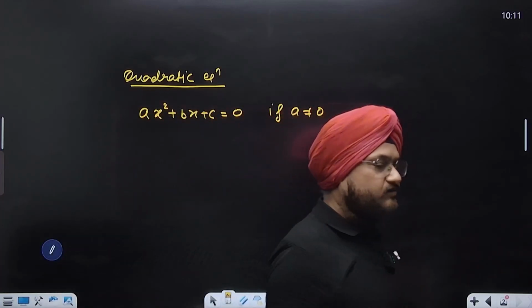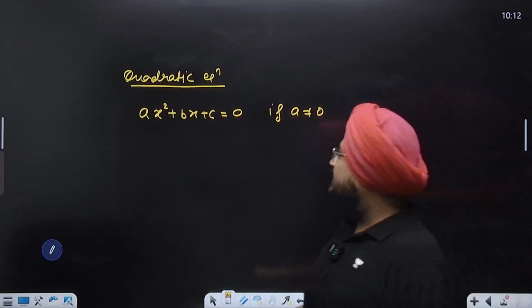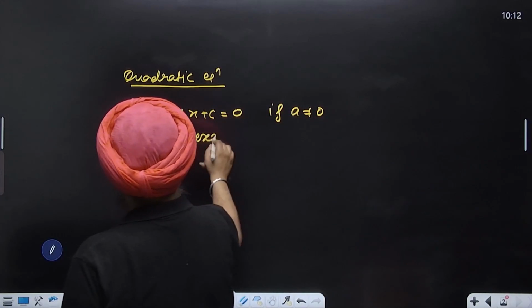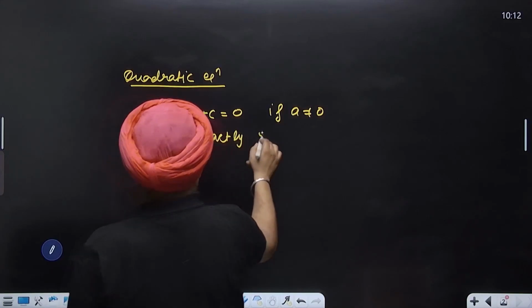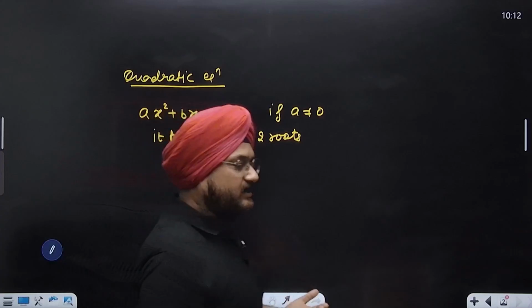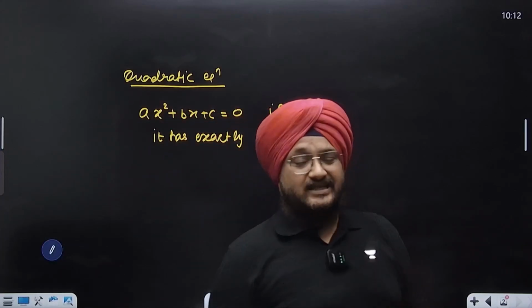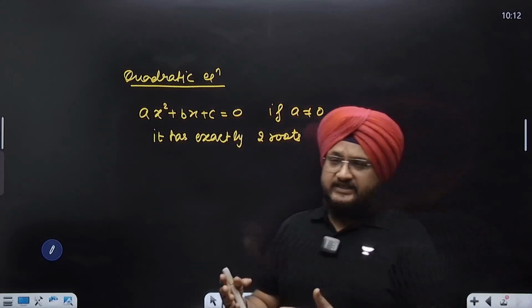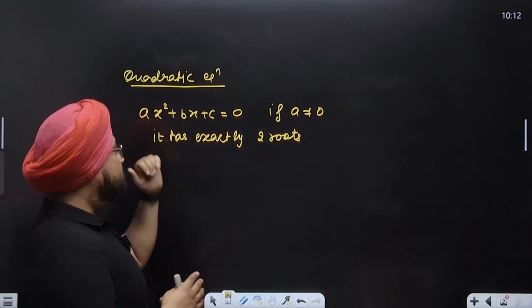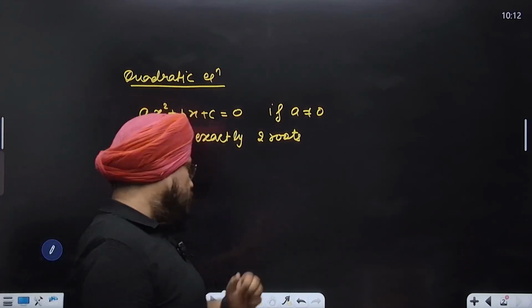A should not be equal to 0 for it to be a quadratic equation, and it has exactly two roots. These two roots can be real, imaginary, or equal, which we will see later in nature of roots. But a quadratic equation, where the leading coefficient is non-zero, has exactly two roots.